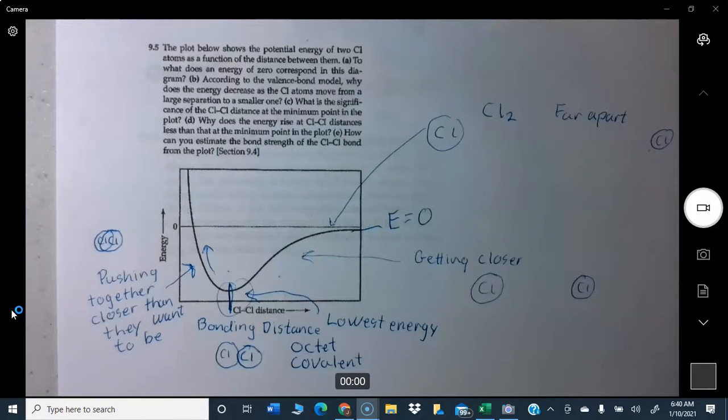And finally, how can you estimate the bond strength of the Cl-Cl bond? It's by the bond length. Shorter bond length is stronger bond strength. Now, you don't have specific numbers here, so you can just say bond length is related to bond strength.